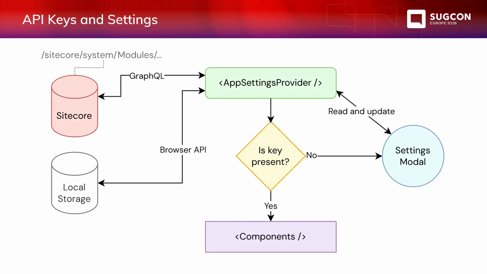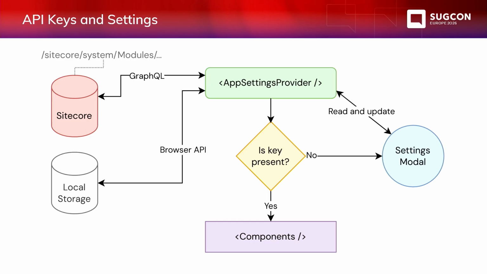Also, you need somewhere to store the configuration when you implement a Marketplace app, like API keys and user preferences. Environment variables work well with any Next.js application, but if you need to support multiple Sitecore organizations and multiple Sitecore clients, then it becomes a problem.